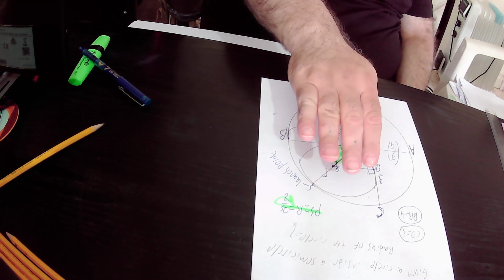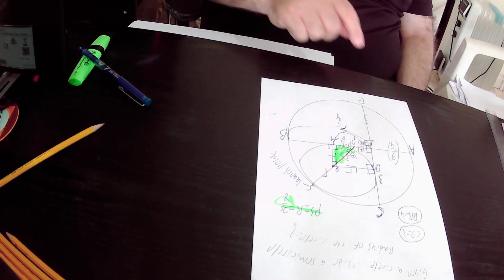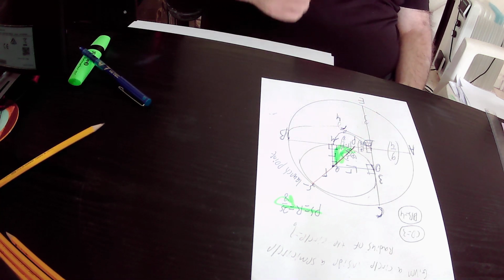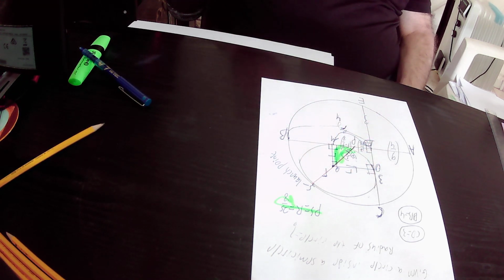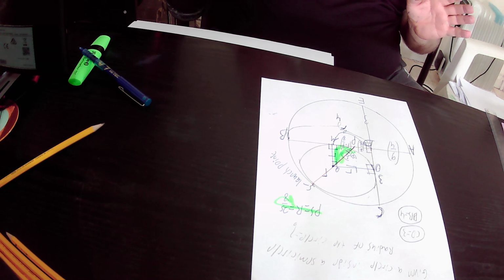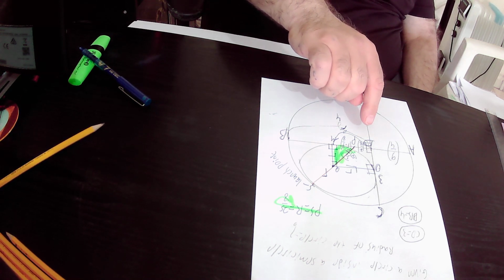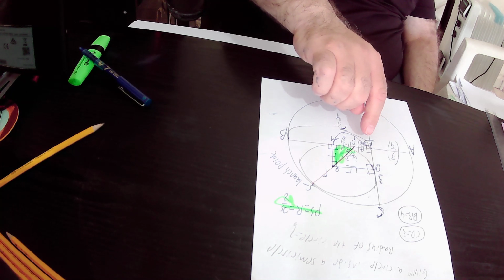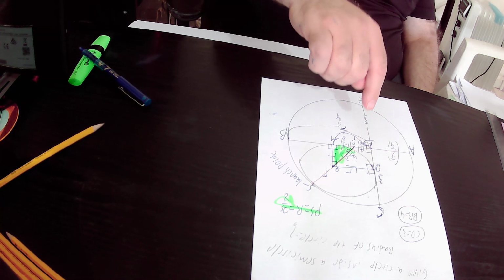So we focus on this side of the straight line CE at point D. The sum of the angles must be equal to 180 degrees according to the rule that I mentioned. Which angles do we have here at point D? We have 90 degrees, and we have angle EDB.